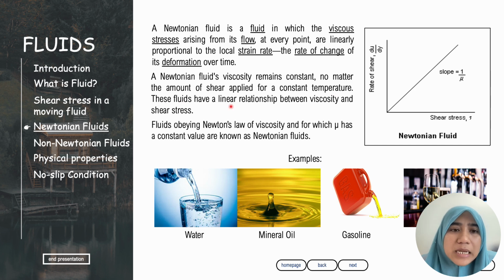These fluids have a linear relationship between the viscosity and shear stress. The fluids that obey Newton's law of viscosity have a constant value and are known as Newtonian fluids. So these are examples of the Newtonian liquids: we have water, mineral oil, and gasoline.